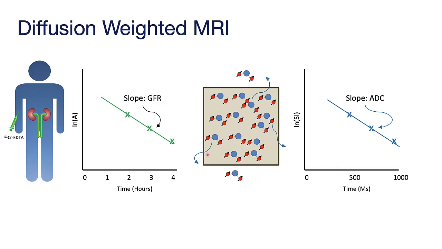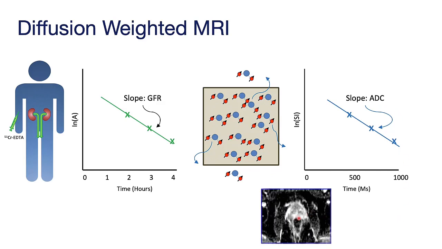And so if we plot the signal over time, although very much more rapidly than GFR, this is 1,000 milliseconds, but if we plot the drop-off of signal with time, it tells us how fast the water is moving out. In other words, the diffusion of the water through the tissues. And this is the apparent diffusion coefficient.